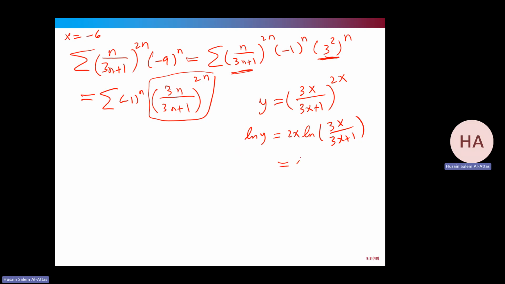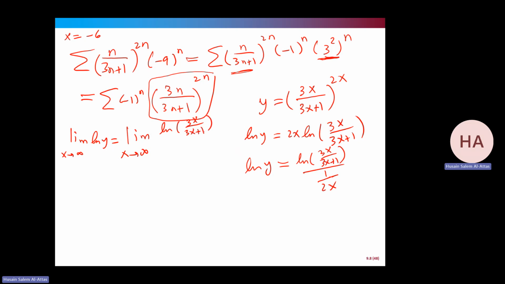This one is ln(3x/(3x+1)) over 1/(2x). This is ln y. Now I take the limit as x goes to infinity of ln y. That will be the limit of ln(3x/(3x+1)) over 1/(2x). Now it is ln 1, which is 0, over 0. So I can use L'Hopital's rule, 0 over 0.